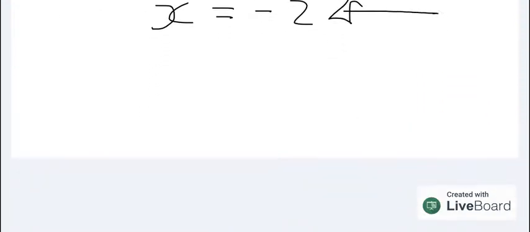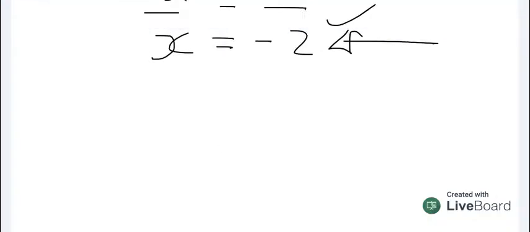So maybe let me add another one, even though I'm curious to know what other problem I should add. Okay, maybe let's say negative y. I'm going to plus it with 1. Then I'm going to say this is equals to negative 1.